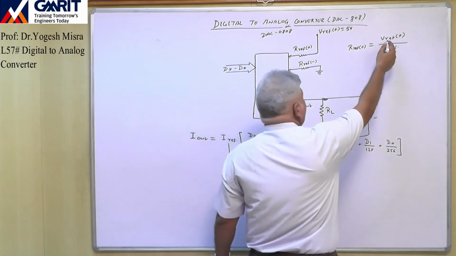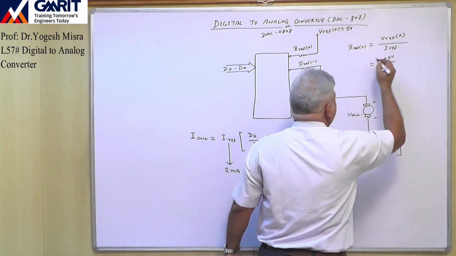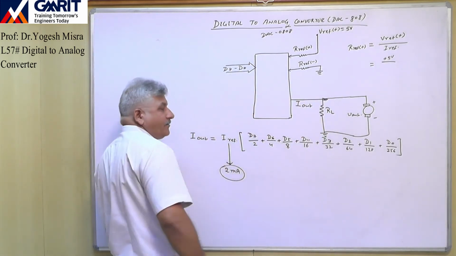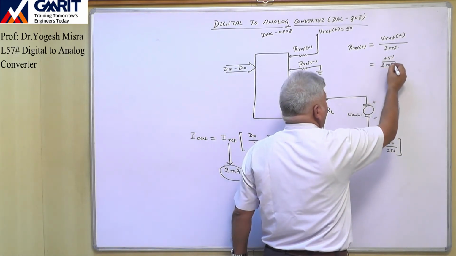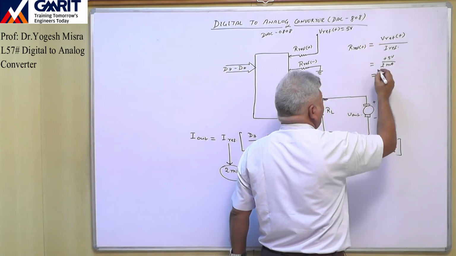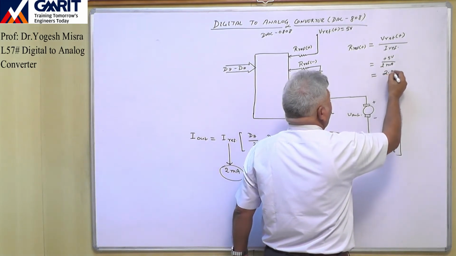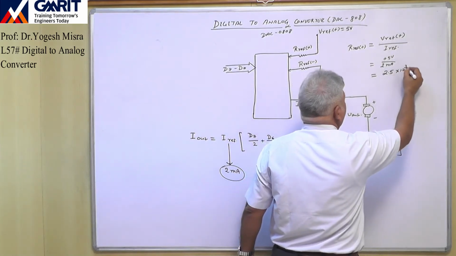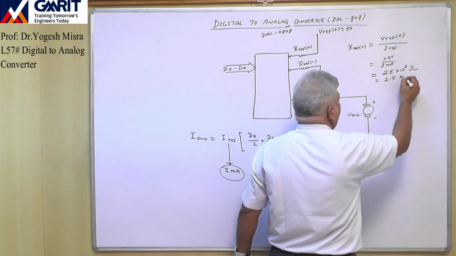Now V reference plus we have fixed at plus 5 volt, and I reference we have to keep at 2 milliampere. So this will give you a value of 2.5 into 10 raised to the power 3 ohm, or 2.5 kilo ohm.